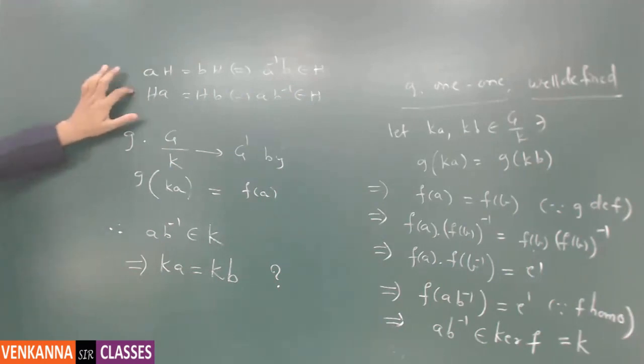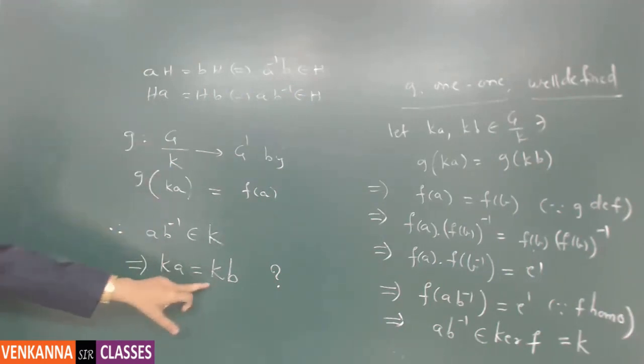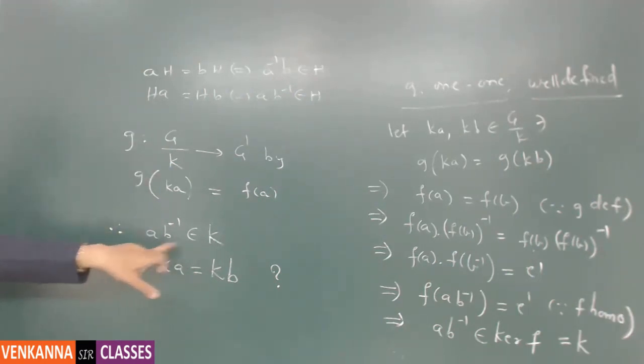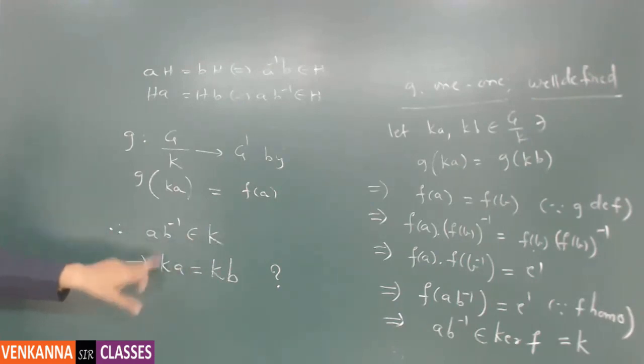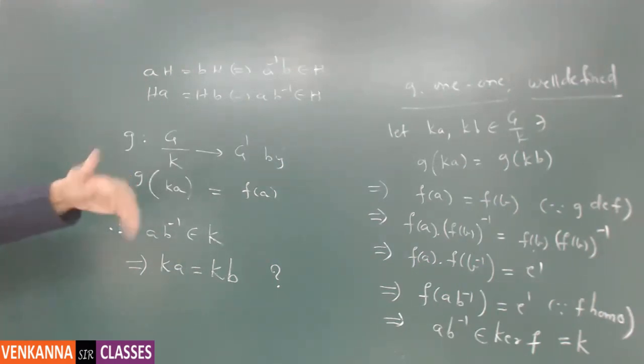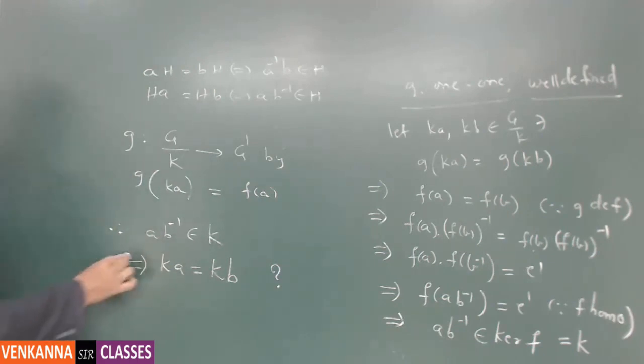So using this, since Ka is equal to Kb if and only if AB inverse belongs to K, this will come. And if you observe the logic I have written, it is implies and implied by.